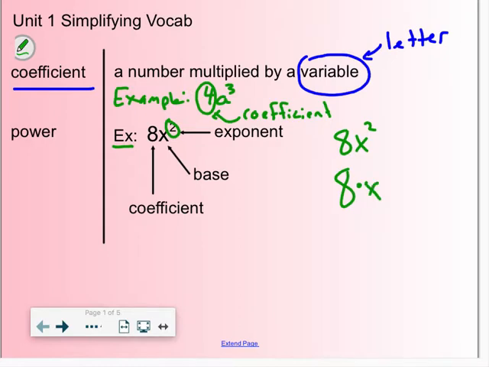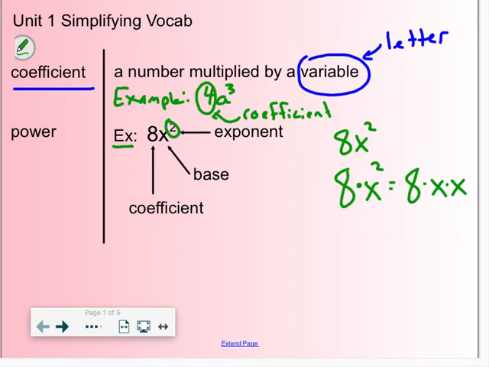That x squared is x times x. So all that exponent is, is a counter. It counts the number of times that you multiply something by itself.